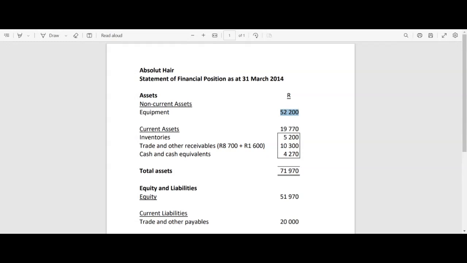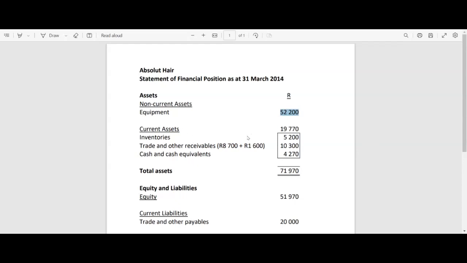So our non-current assets, we describe them, it's equipment, 52,200. Here we disclose the carrying amount, which represents the cost of 54,000 less the accumulated depreciation of 1,800.